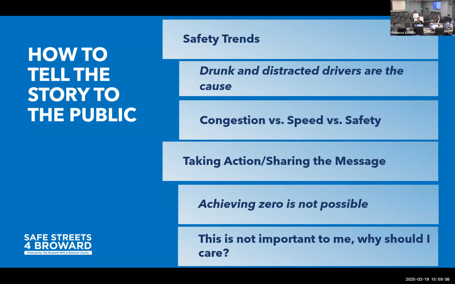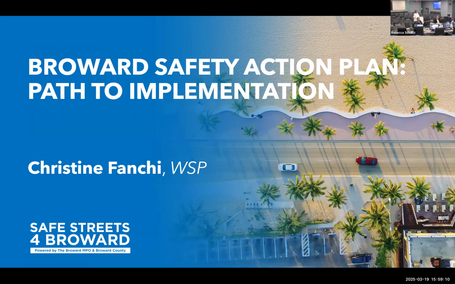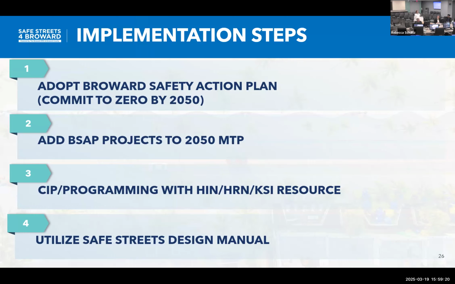All right. Yeah, let's keep moving. So the last section is about implementation. So really talking about how do we get this implemented? How do we pick it apart and make it happen? As we mentioned, we're going to adopt the action plan and commit to 0. We're going to amend the MTP, as James mentioned, the 2050 MTP this fall.